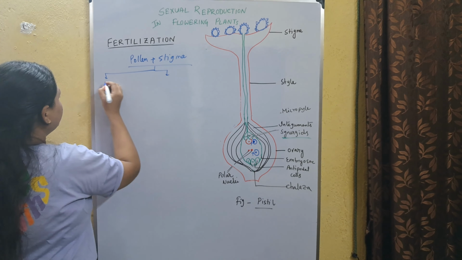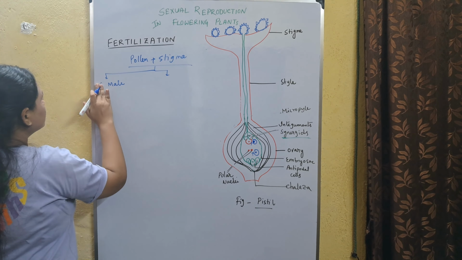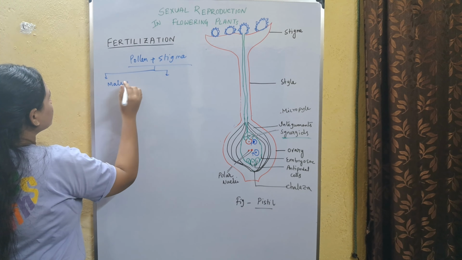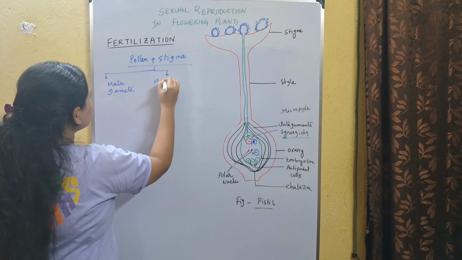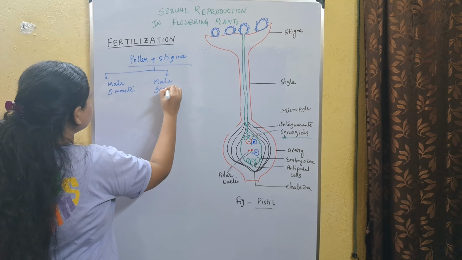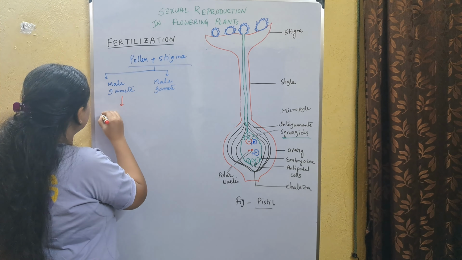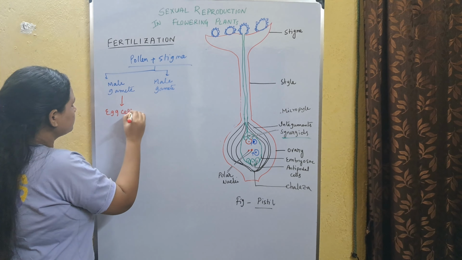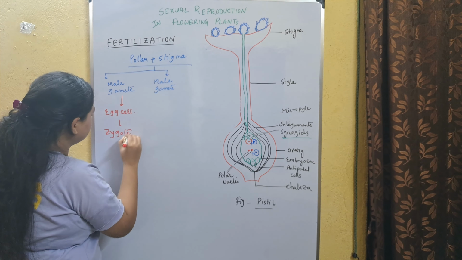The pollen grain is forming two male gametes. One male gamete fuses with the egg cell, forming zygote, which is diploid.